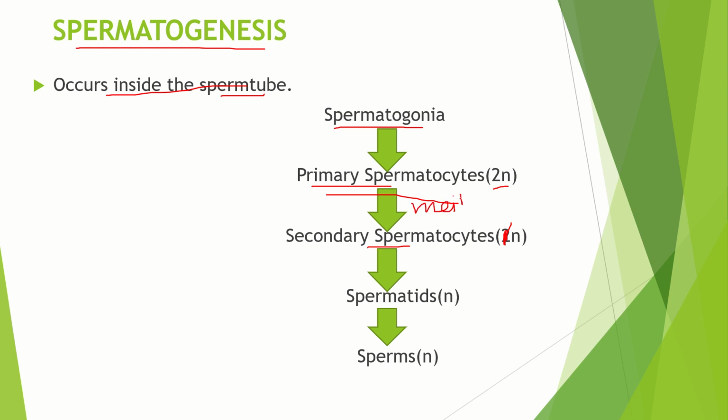From the secondary spermatocyte to spermatid there is also cell division, and from the spermatid they produce the sperm. This process of spermatid to sperm production is called spermatogenesis.